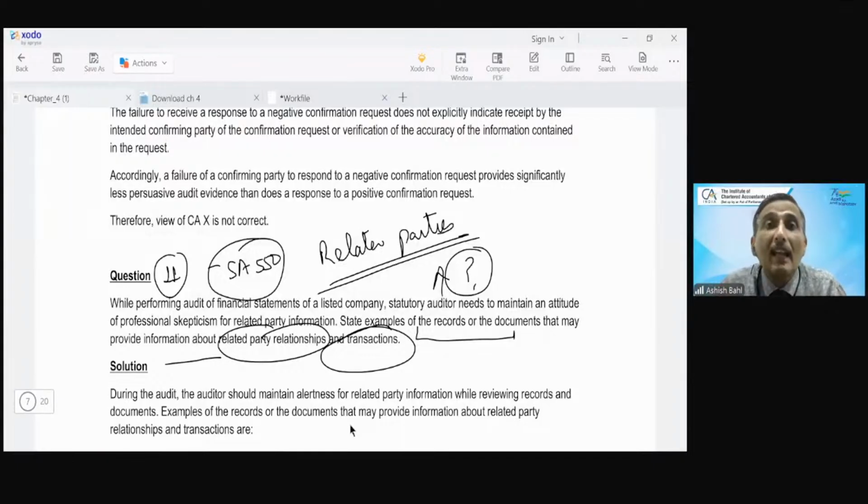But the auditor has to be alert that there could be some transactions with related parties which have not been disclosed by the management, because the management has not disclosed the exact nature of its relationship with those related parties.